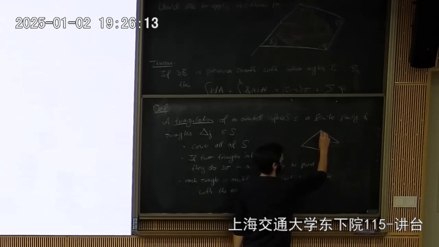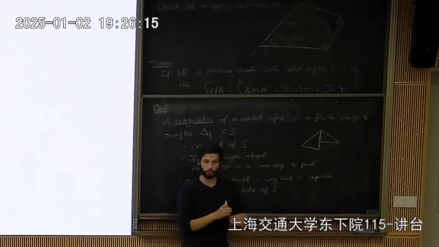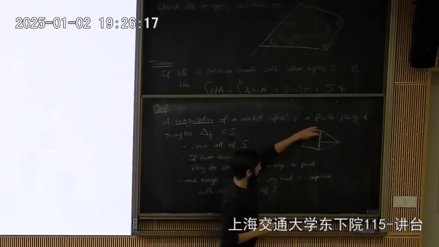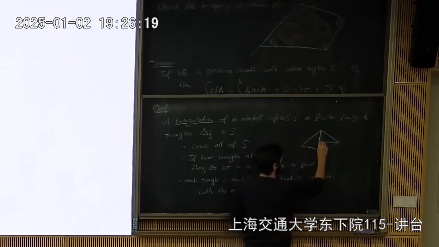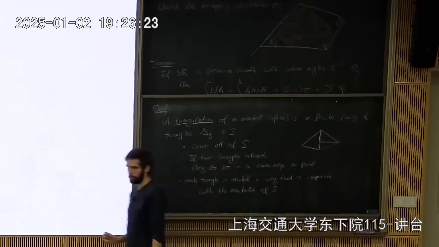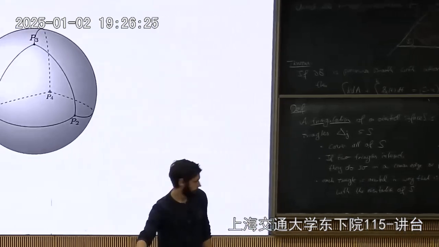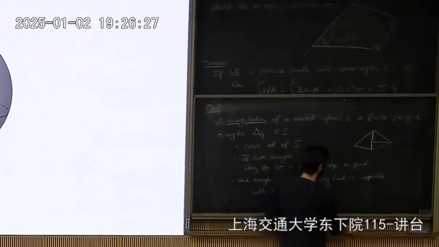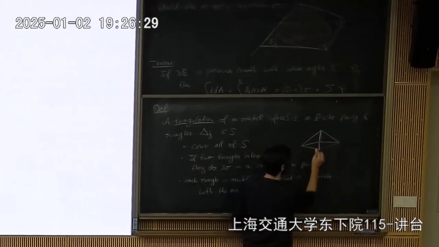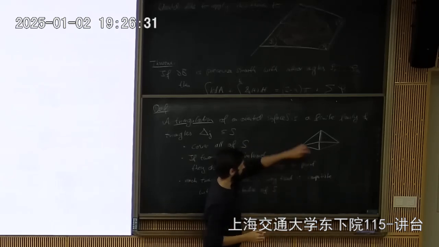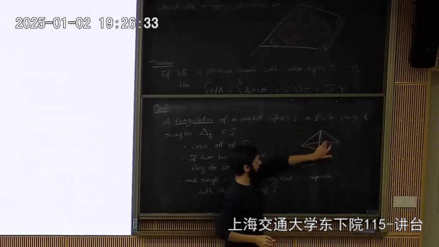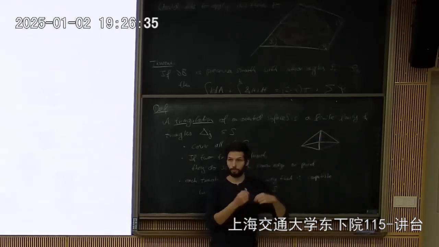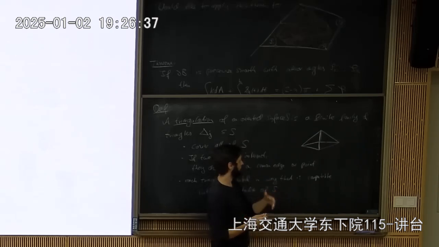They have an edge in common, but it's not the whole edge of this triangle. So for a proper triangulation you need to cut this over here so that the white one and the green one really share one edge and the whole intersection is one edge.